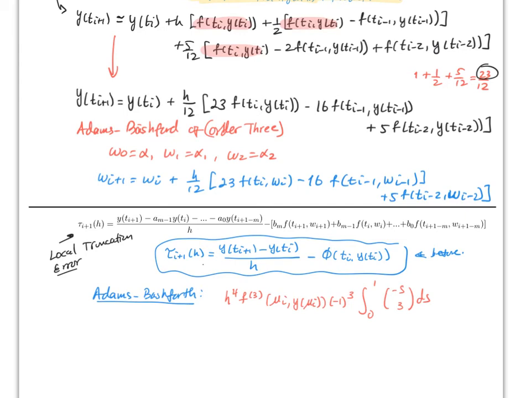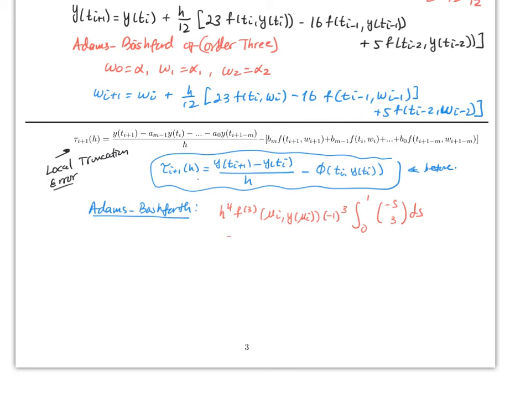Remember that I gave you a table in the previous page where you can evaluate this, and from the table this was equal to h to the 4, the third derivative evaluated at mu i, times 3/8.